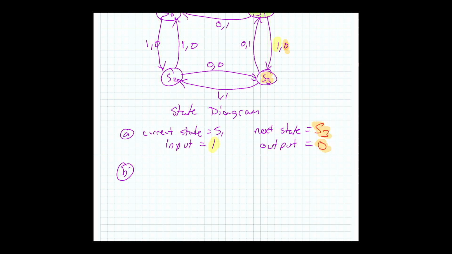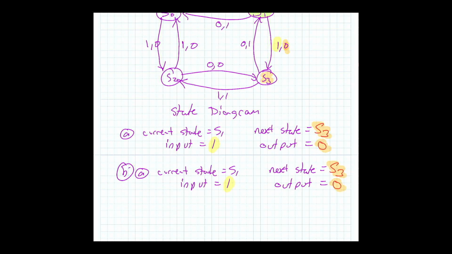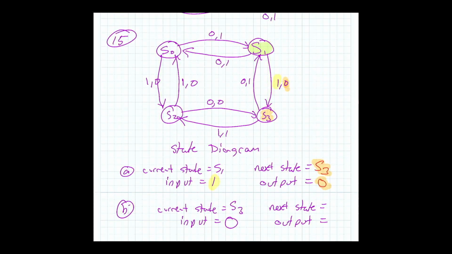B is going to be, again, the same kind of deal. So I'll duplicate this and erase. All right. So on B, it says we're in S3 and the input is 0. So we're starting in S3. The input is 0.